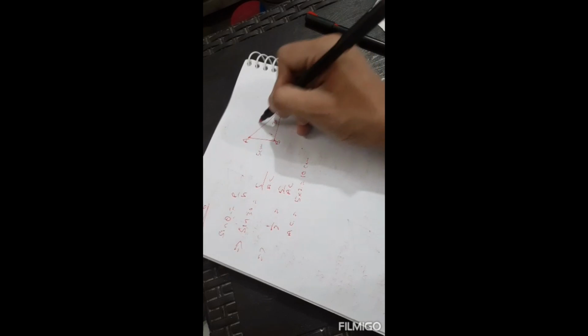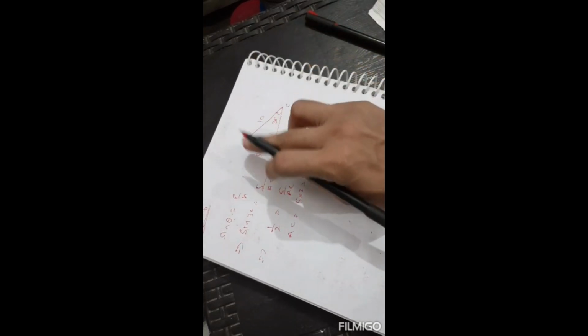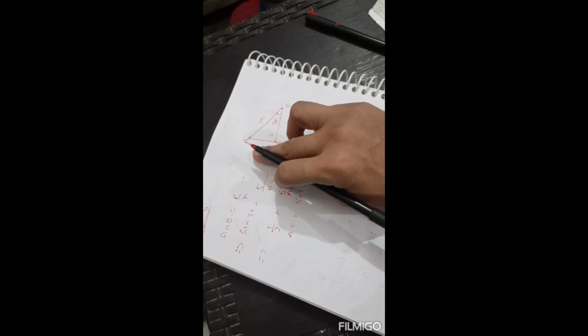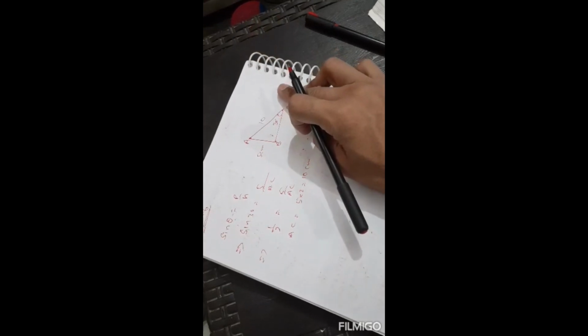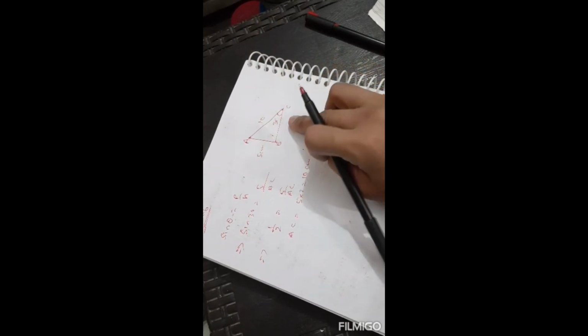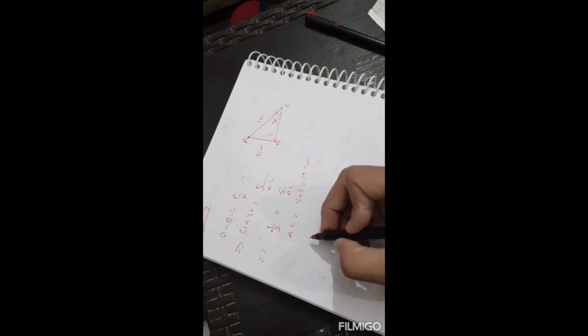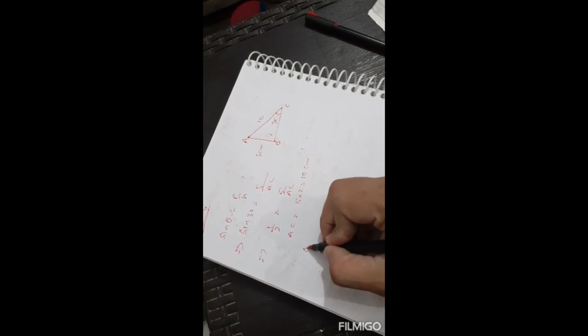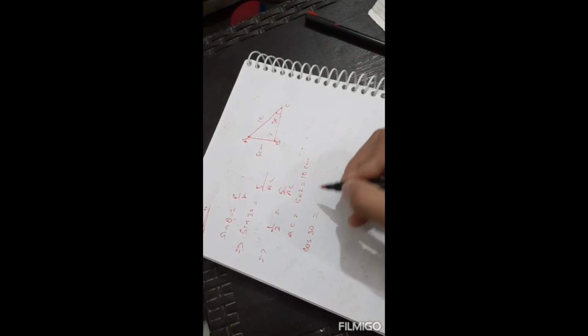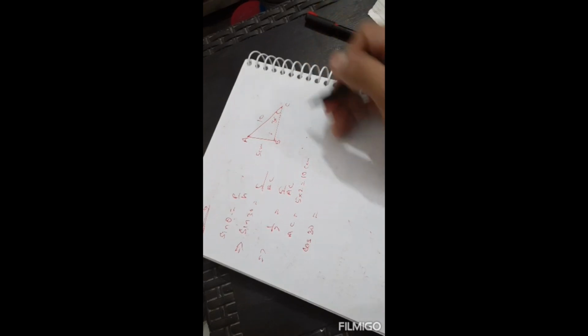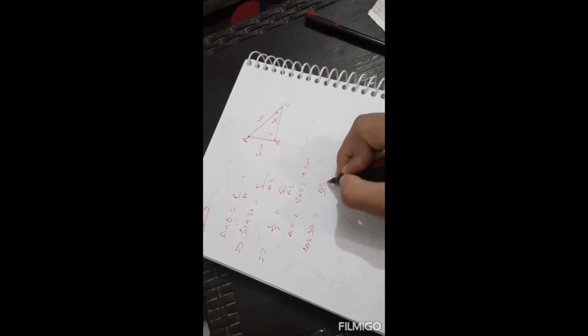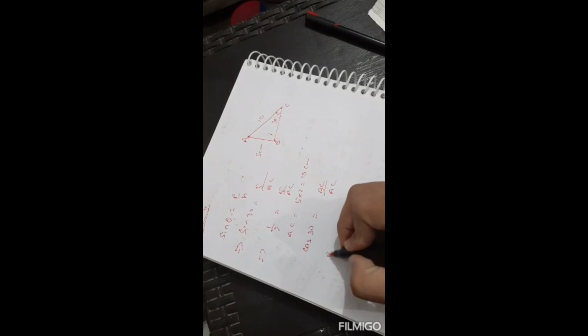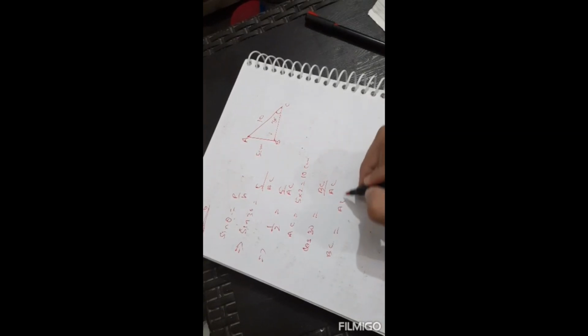So by applying Pythagoras theorem, you can find the value of BC, or by applying trigonometric identities such as cos 30. Cos theta equals base by hypotenuse, BC divided by AC, or BC equals AC into cos 30.